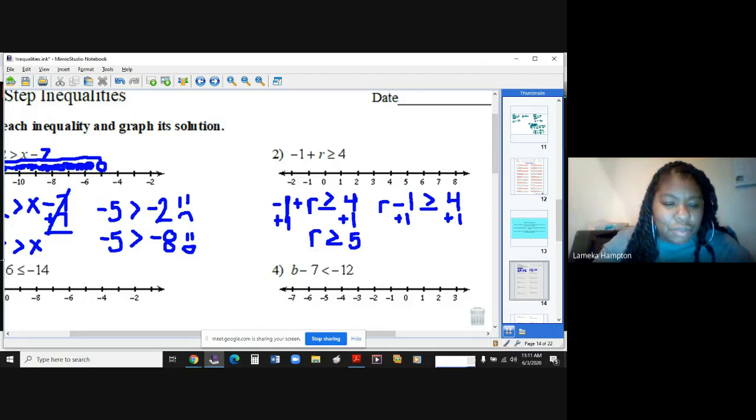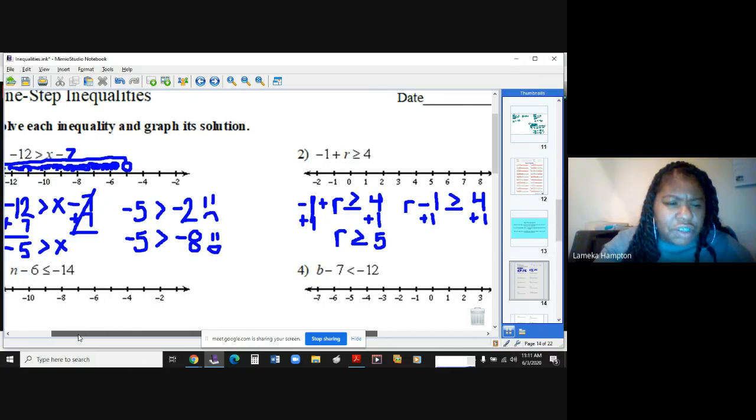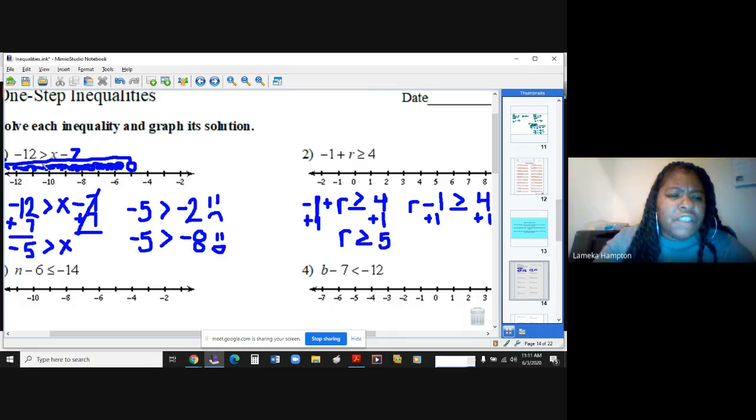So remember, let me scroll back over here to number one so y'all can see the difference. If your inequality sign doesn't have a line under it, like number one, you have an open circle. Now, number two, we have a closed circle simply because we have this line under our inequality sign.